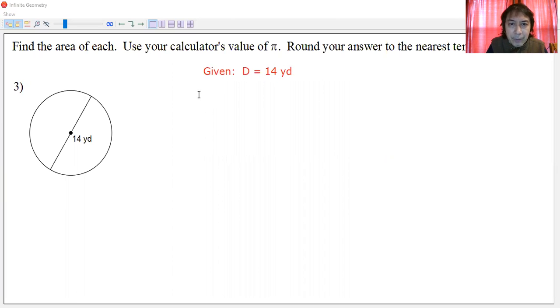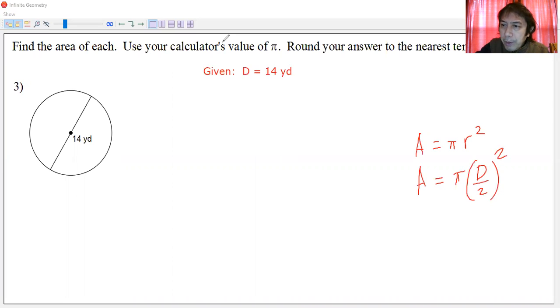Our formula is different here. If you're going to derive it, we start from area is equal to pi r squared. Diameter is 2 times the radius, so we can represent the radius as diameter divided by 2. So this is pi times diameter over 2 squared, and so our formula for area is pi times d squared over 4.